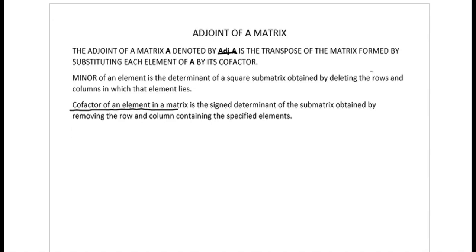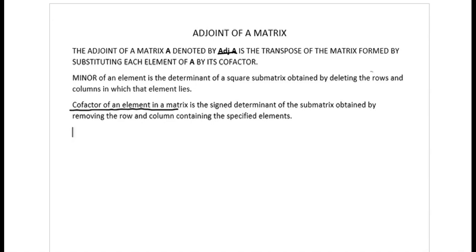I also gave here the meaning of a minor in a matrix. The minor of an element is the determinant of the square submatrix obtained by deleting the row and column in which that element lies.